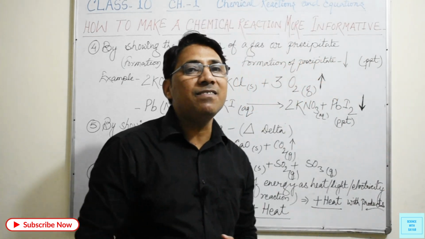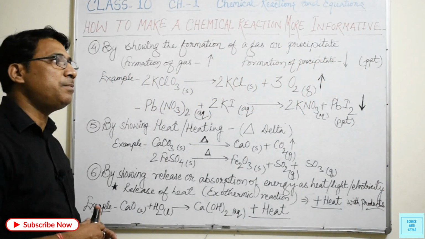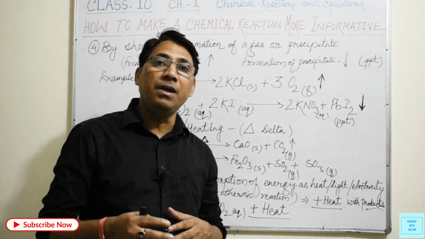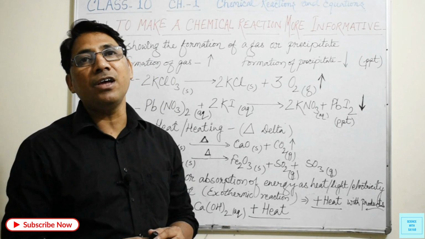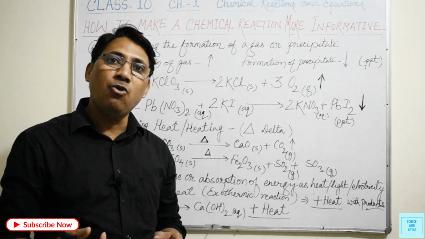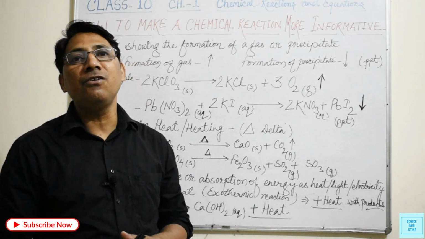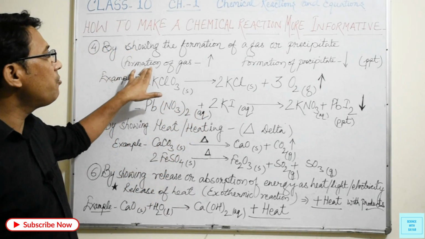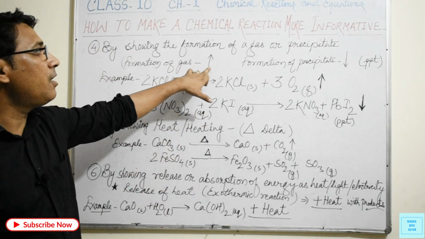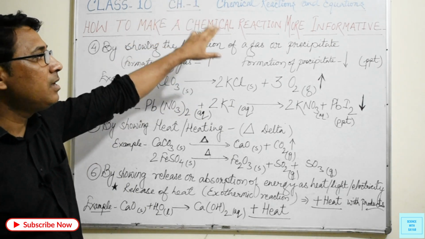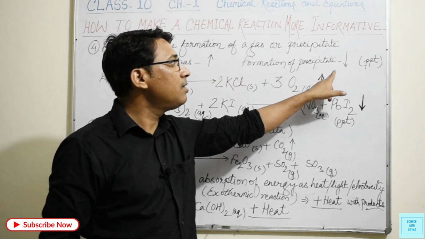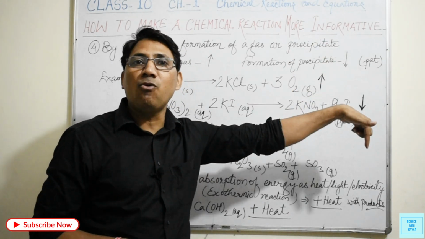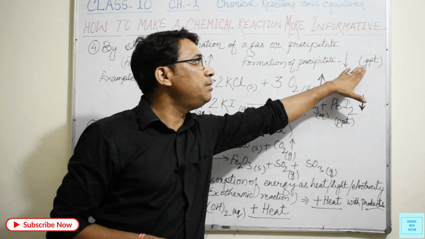And if a precipitate is formed in a precipitation reaction, we can show it by writing PPT or by an arrow pointing downward. So formation of gas can be shown as an arrow pointing upward, and formation of a precipitate can be shown by an arrow pointing downward or by writing PPT, precipitate.